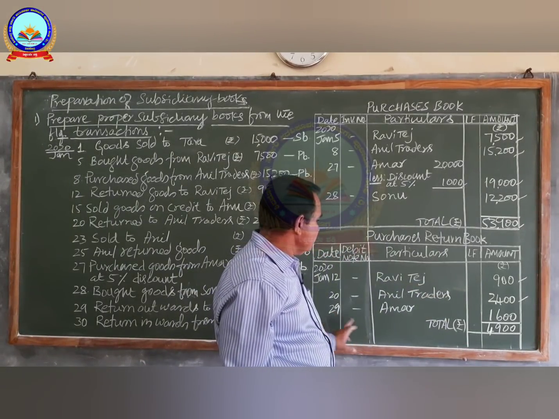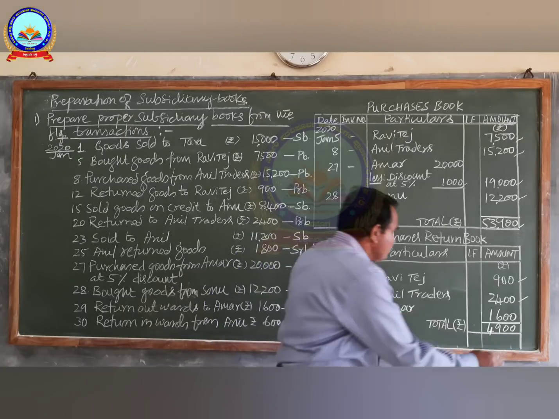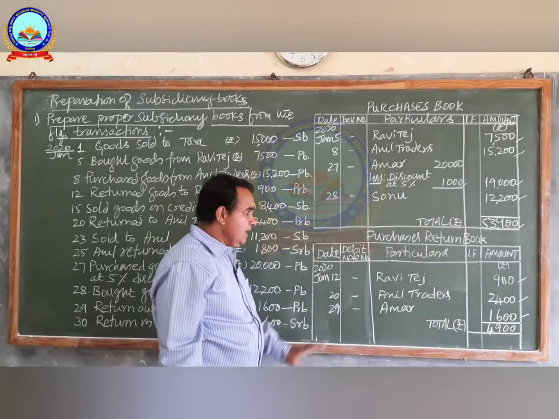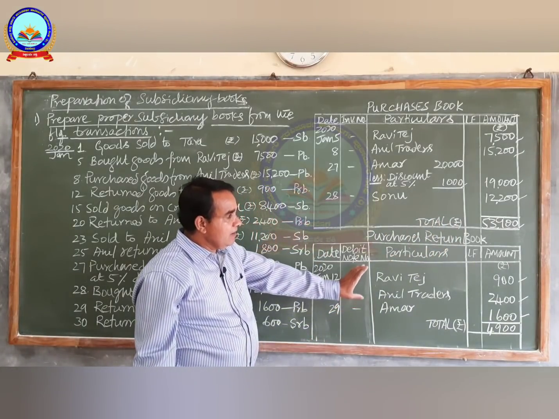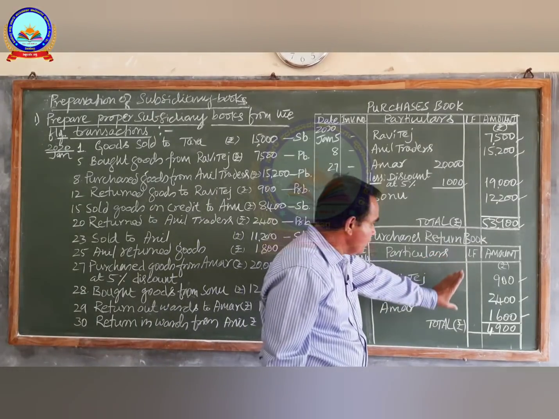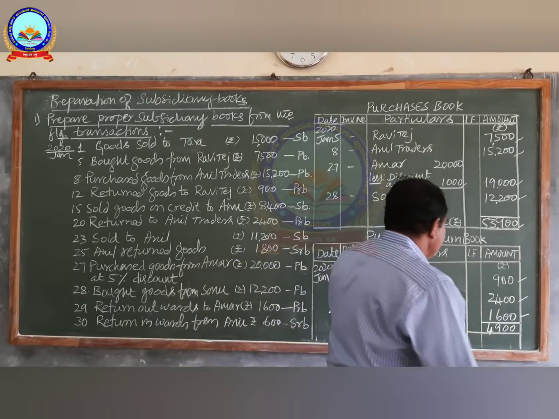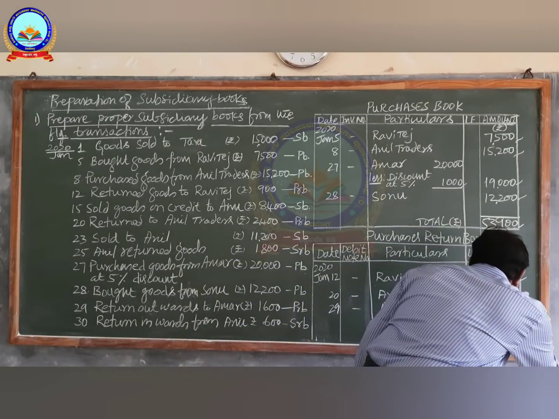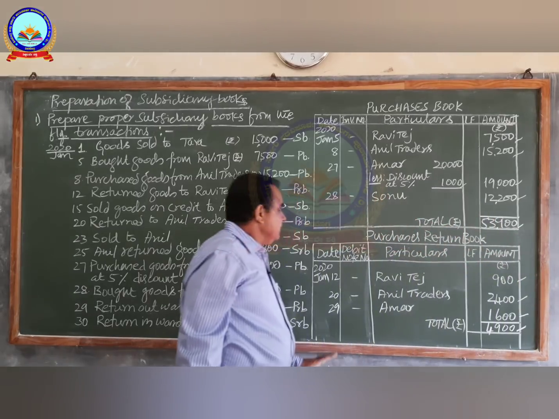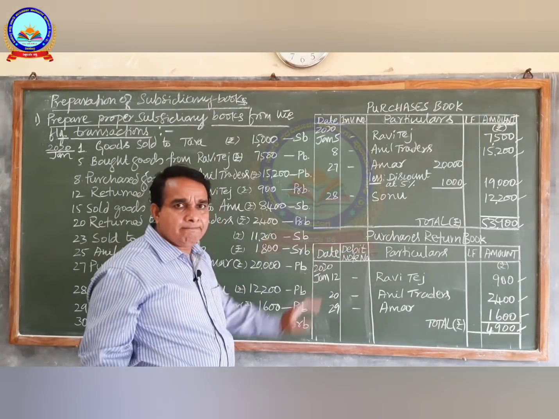Date 29, supplier's name Amar, for whom the goods have been returned, amount rupees 1,600. Again, after entering all the purchase return transactions in the purchase return book, make out the total of the amount column. That total comes to rupees 4,900. This is the preparation of the purchases return book.